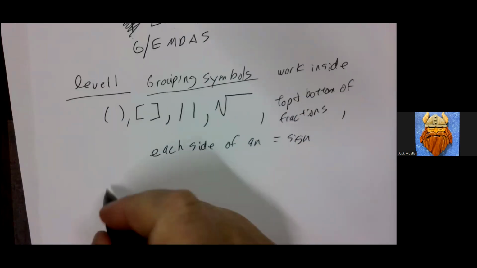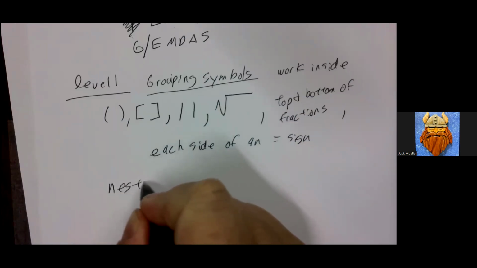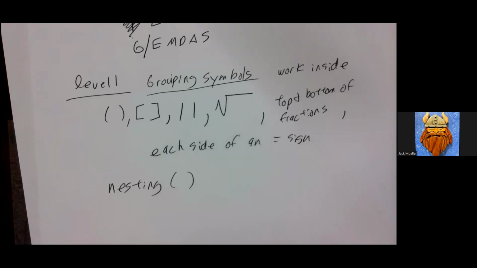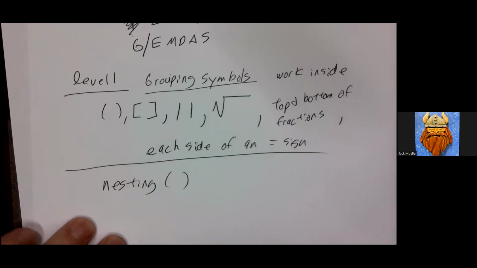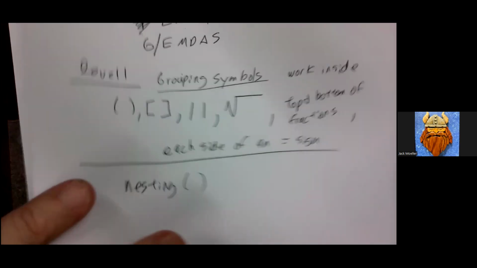Now, a phrase you might hear occasionally is called nesting parentheses. I'm just going to use the symbol for parentheses rather than spell it out. Do you know what nesting parentheses are? Even if you don't know the name, I'm pretty sure you know in general how to work them. Something like 49, that's a nested parentheses because you have parentheses inside a bracket.